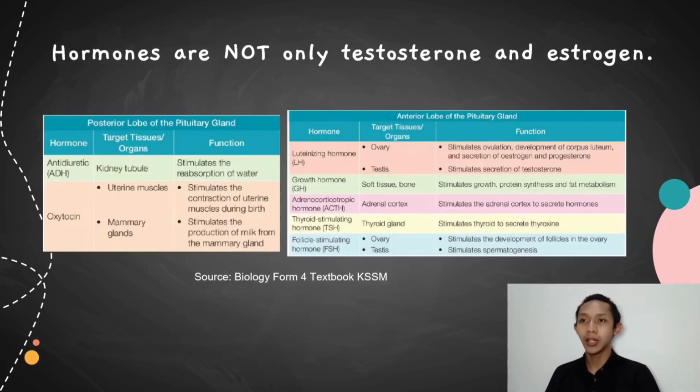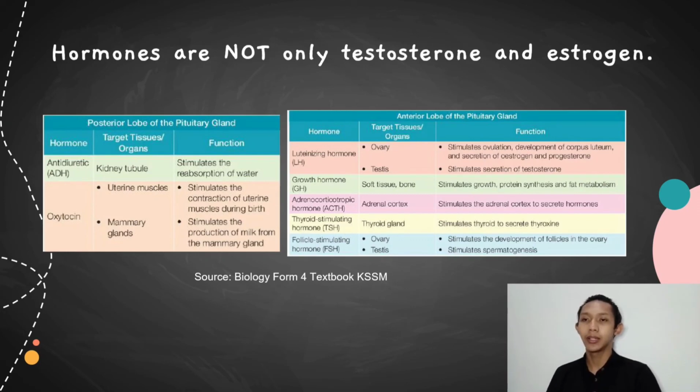Actually, hormones are not only testosterone and estrogen. There are many hormones which are secreted in two parts of the pituitary gland, which are the posterior lobe and anterior lobe. The posterior lobe secretes antidiuretic hormone, which stimulates reabsorption of water in the kidney, and oxytocin hormone, which stimulates contraction of uterine muscles and production of milk.